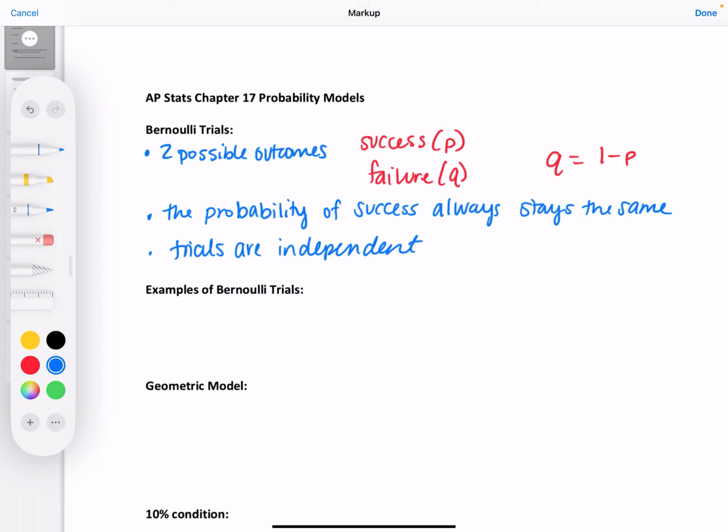So some examples of Bernoulli trials would be flipping a coin, because you either get heads or tails, so that's your two possible outcomes. Free throws in basketball.